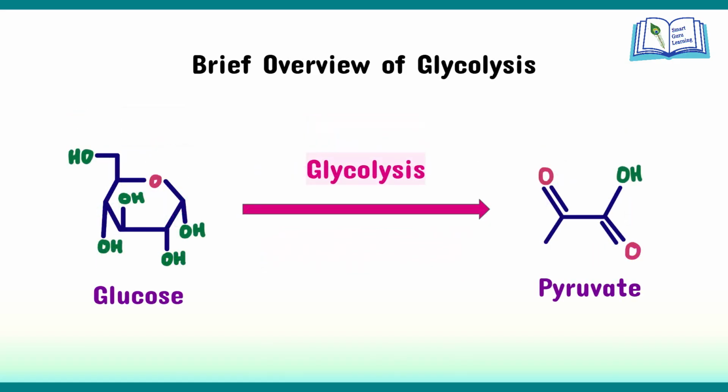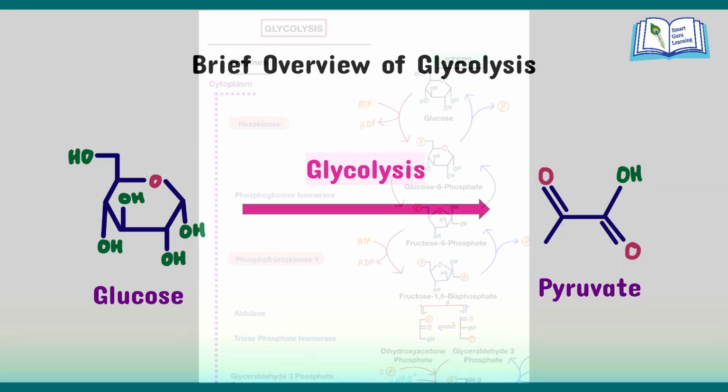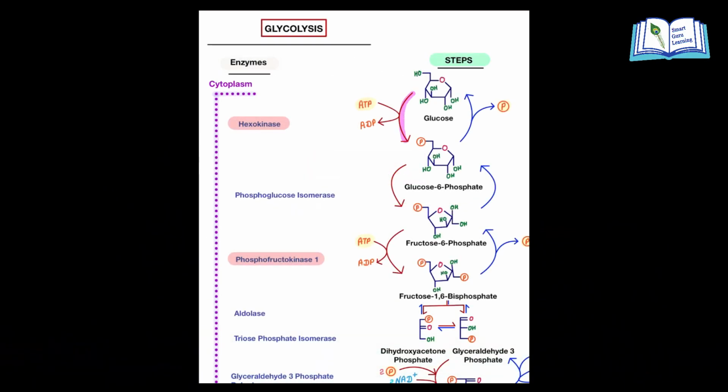Before understanding the gluconeogenesis pathway, let us first briefly take a look at glycolysis. First, glucose is converted to glucose 6-phosphate with the addition of a phosphate group from the ATP. It is then isomerized to form fructose 6-phosphate and is further phosphorylated by ATP and forms fructose 1,6-bisphosphate.